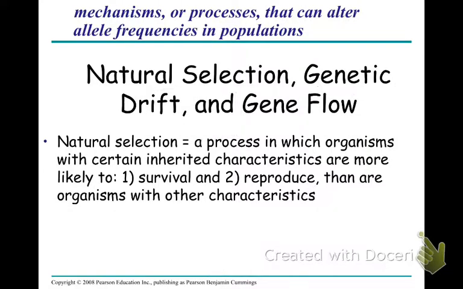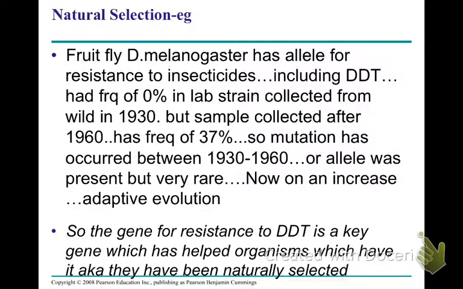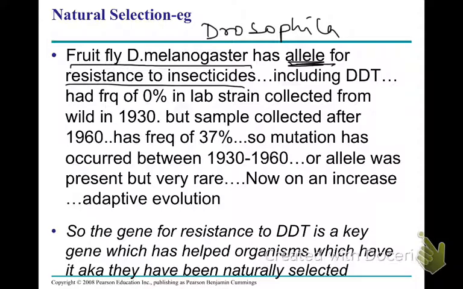Okay, so for an example of natural selection, some slides back I had explained this with a picture, but we are talking about it with words now. The fruit fly Drosophila melanogaster has an allele for resistance to insecticides, including DDT.